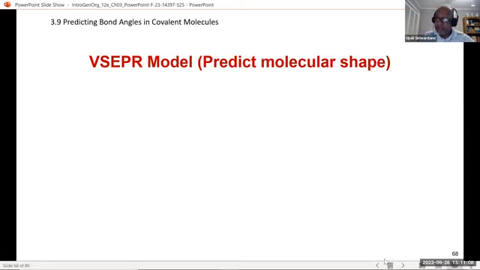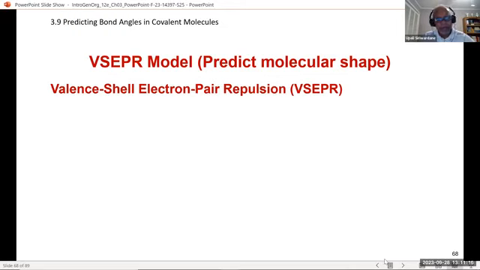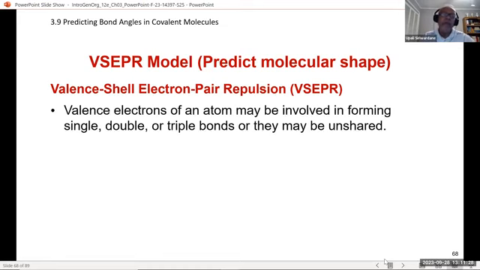If you haven't seen the video, go back to the Canvas page and watch it. The idea is based on repulsion of electron pairs around the central atom in a Lewis structure that produce a molecular shape. From the molecular shape, we can tell bond angles between different atoms.